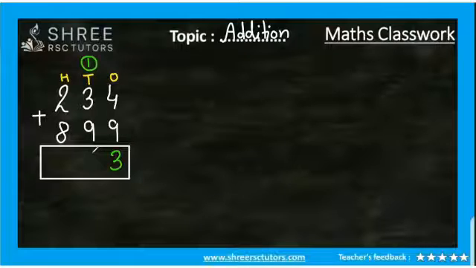So we write 3 and 1 again will be carry. Now 1 plus 2 is 3, and 3 plus 8 is 11. So now we will write our answer, 11.